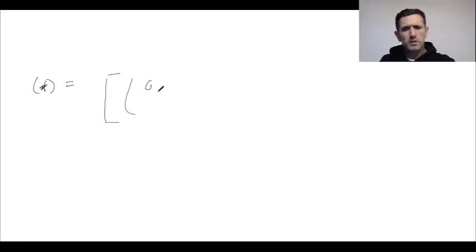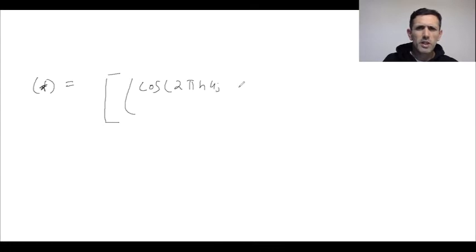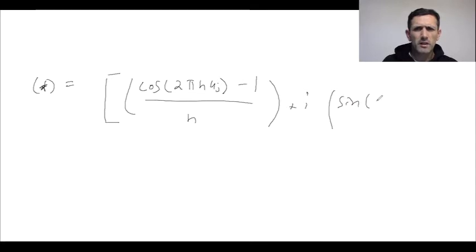So it's (cosine of 2 pi h uj minus 1) over h, plus i times sine of 2 pi h uj over h.